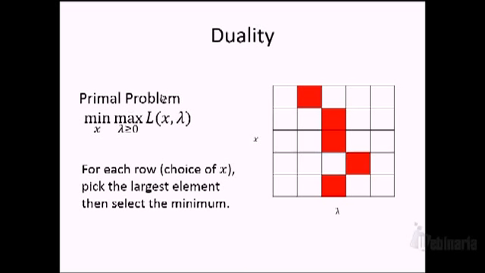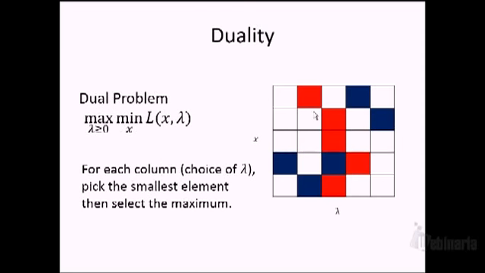So, the way the primal problem works is that for each choice of x, that is for each row, we choose lambda that maximizes the Lagrangian for that x. And then we choose the x that minimizes the Lagrangian from these choices. The dual problem works the other way around.